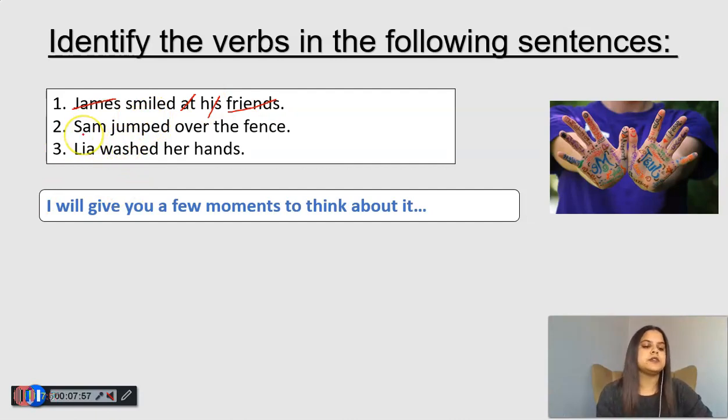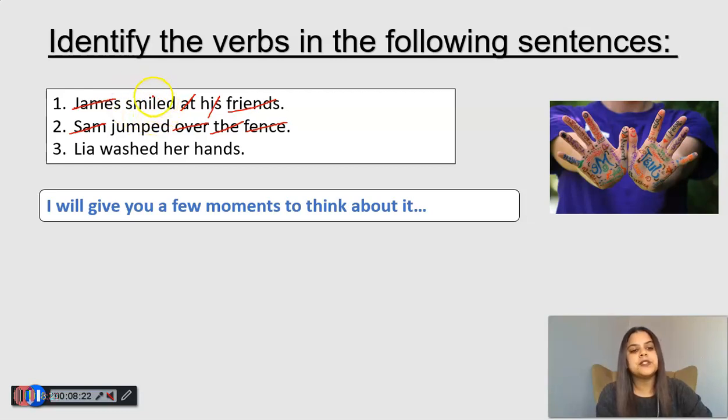The next sentence. Can I Sam? No. Can I jump? Yes. So I'm going to leave jumped for now. Can I over? No. Can I fence? No. Oh, I skipped the word there. Can I the? No. So I'm scratching it through there. And I'm left with the word jumped.